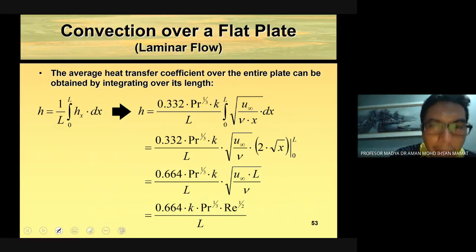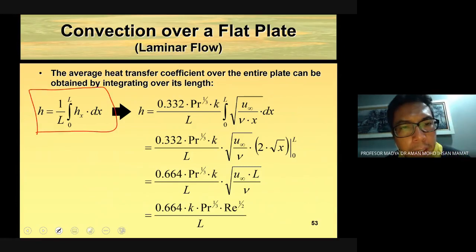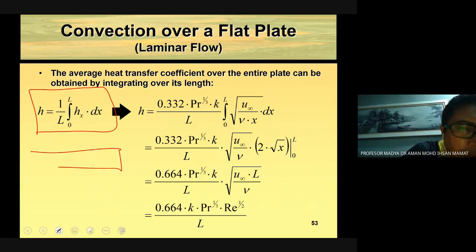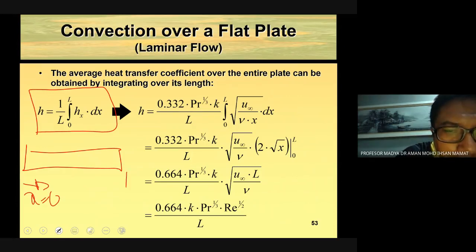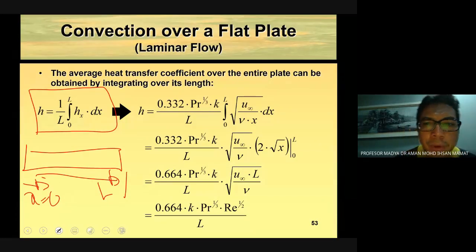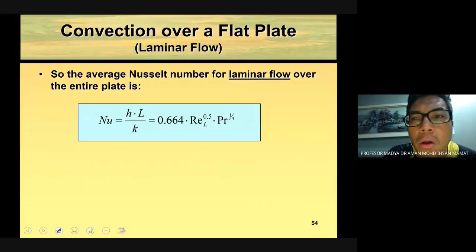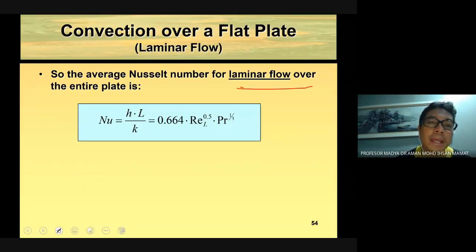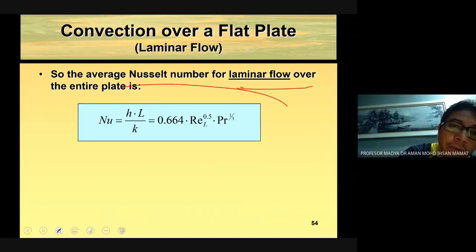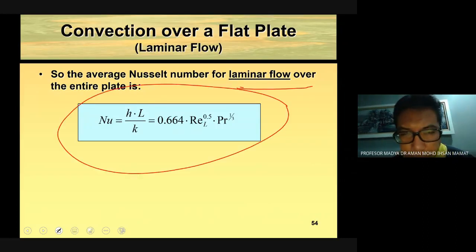And if we integrate the heat convection throughout the length of the flat plate, let's say starting from x equal to 0 until the length which is equal to L, if you put it back into this equation, then it can derive the laminar flow over the entire flat plate, which is given by these equations.